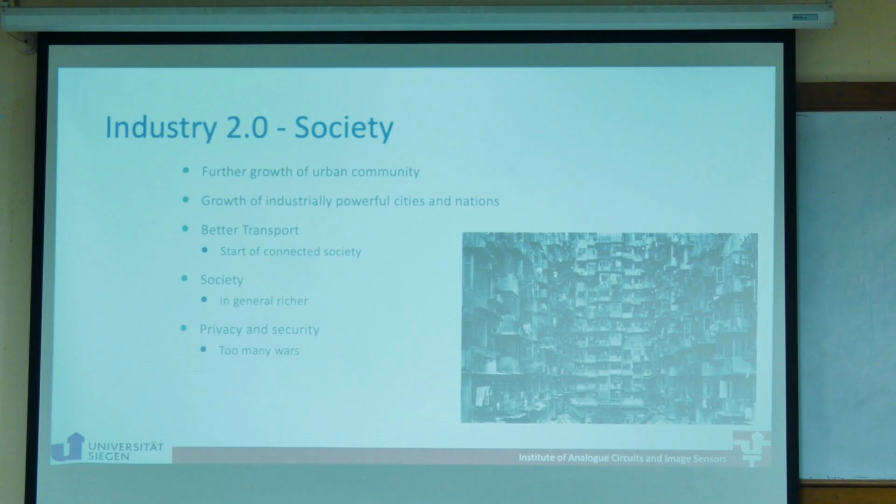We start having a better transportation system, so we start being connected to one another. Society in general is richer. We cannot say much about what happened to privacy and security because there were too many wars going on at this time, at least in Europe. We had World War I, we had World War II, virtually everyone was involved, so privacy and security took a battering.